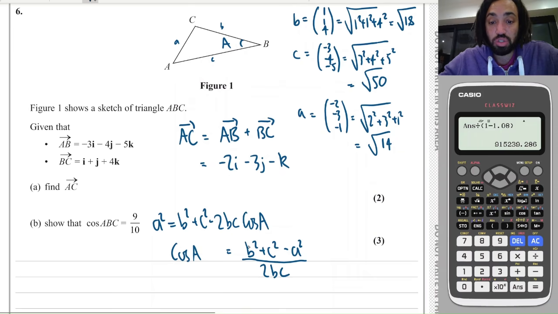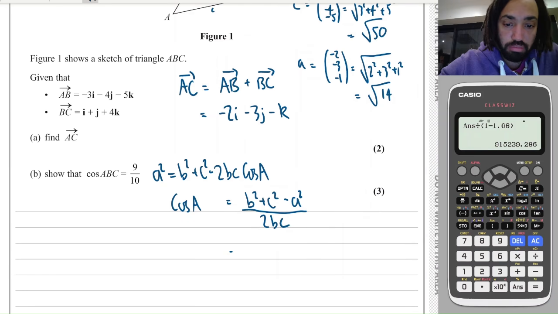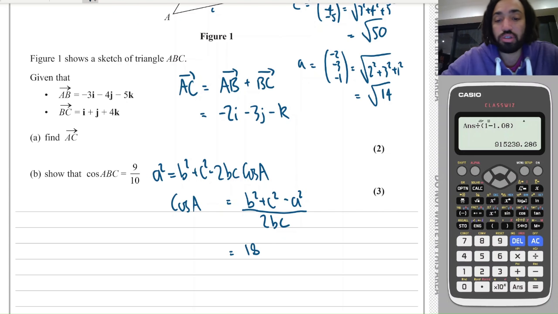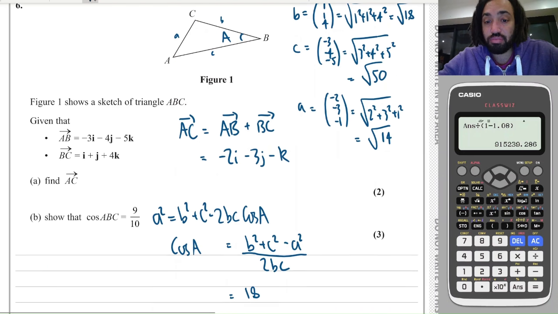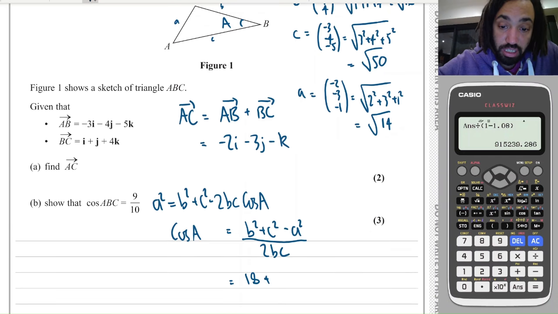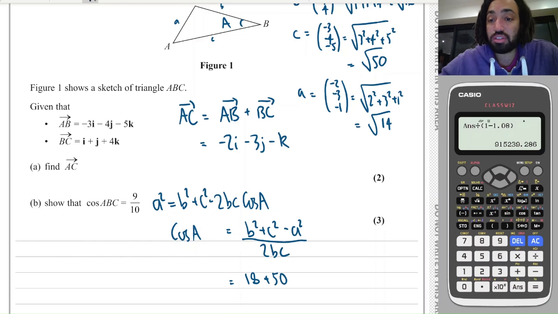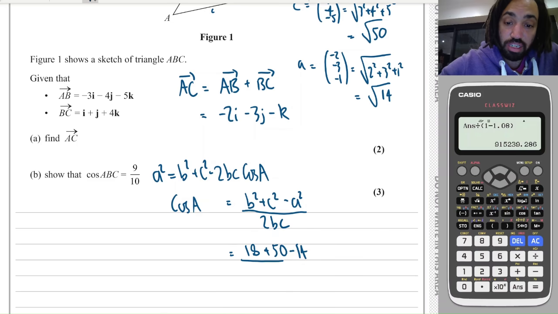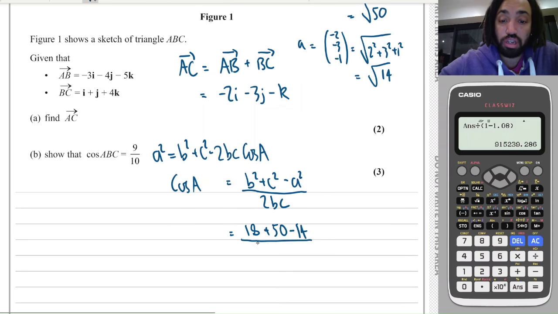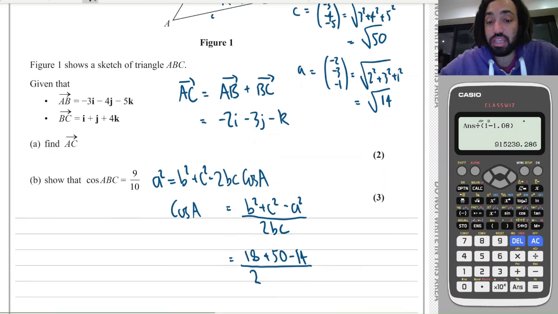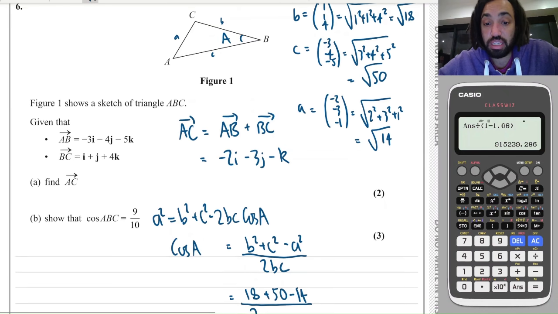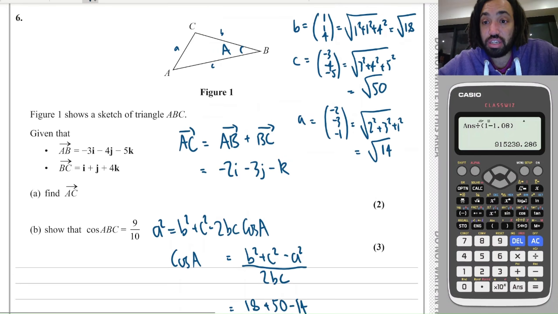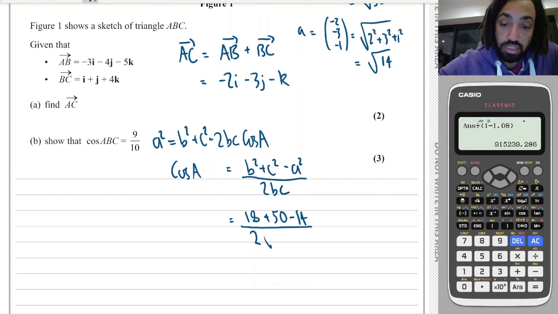So when I square, because they're roots, they're just going to be the value of those roots. So b squared is 18, c squared is 50, and a squared is 14. And I'm dividing that by 2 times b times c, and b and c are the square root of 50 and the square root of 18.